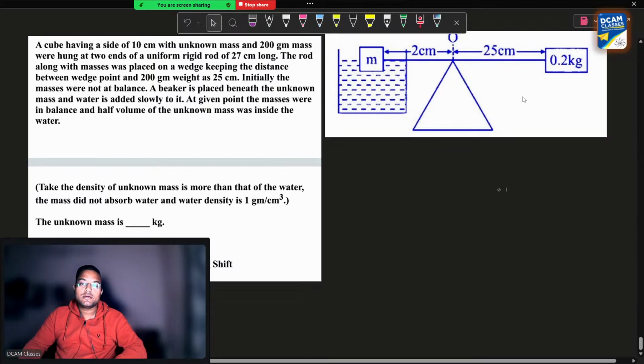In this case, you have to take into account both the mg as well as the buoyancy force also.